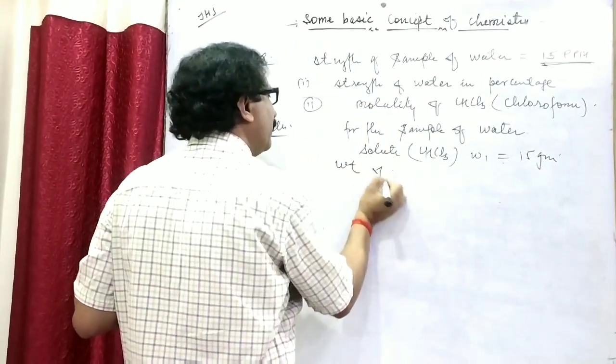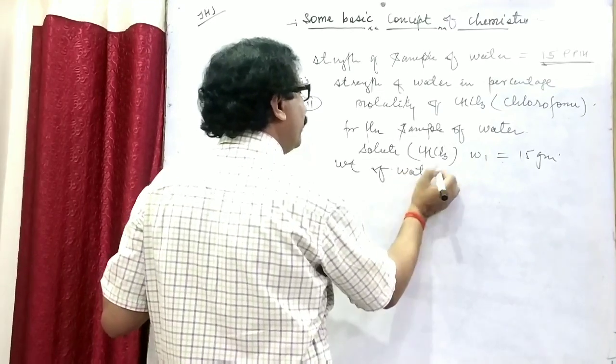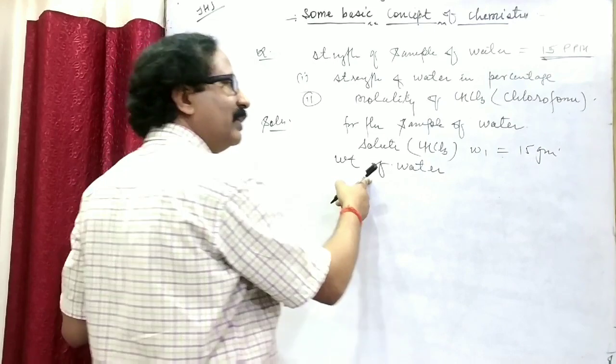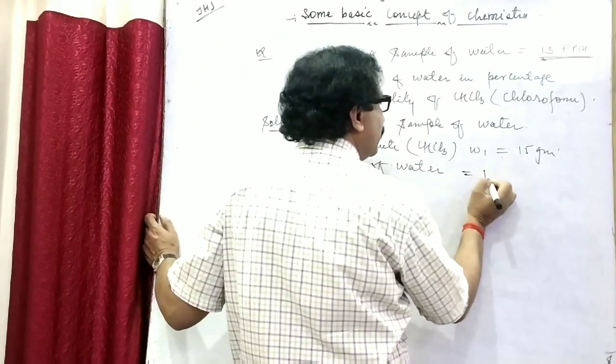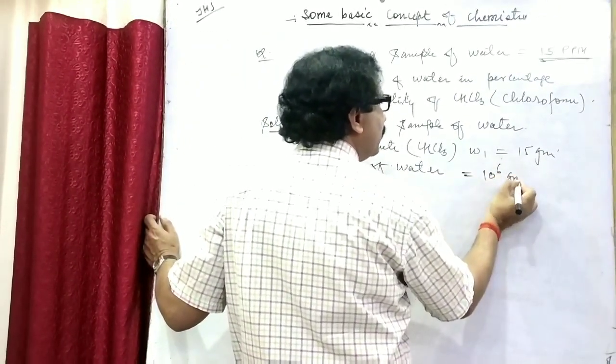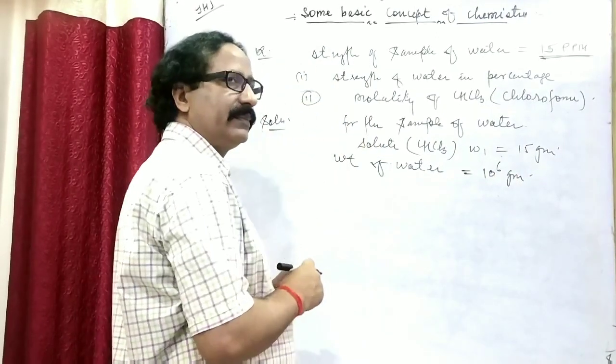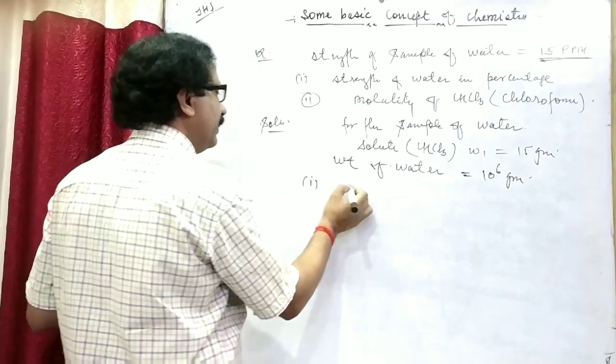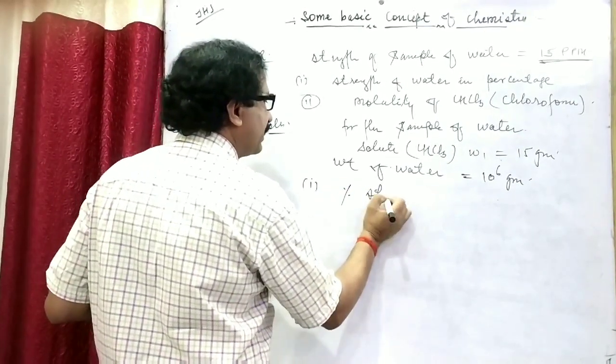And weight of solvent is water. Okay, weight of solvent, that means water. It is given how much? 10 to power 6 gram. Therefore, first case, percentage strength.